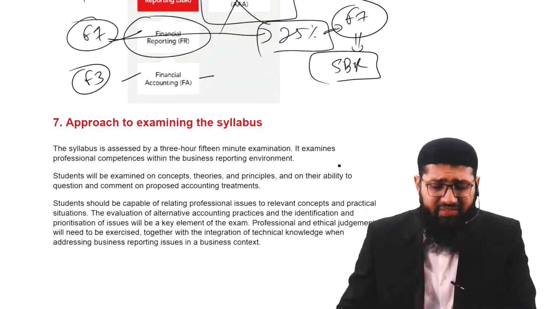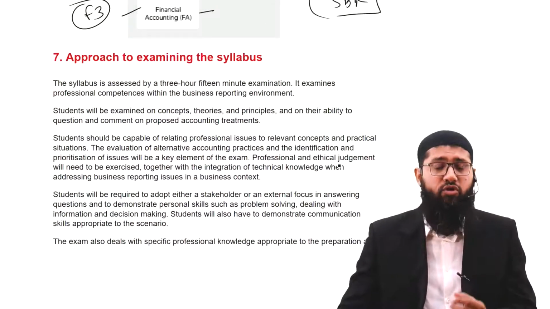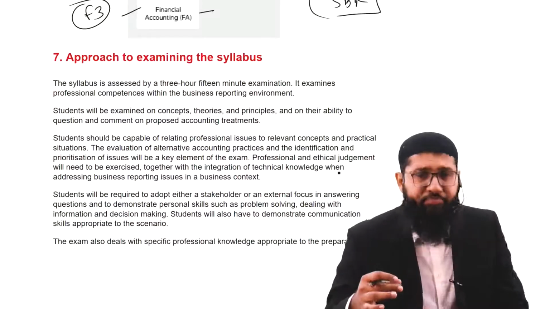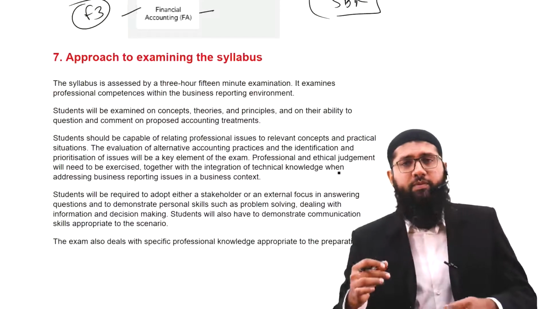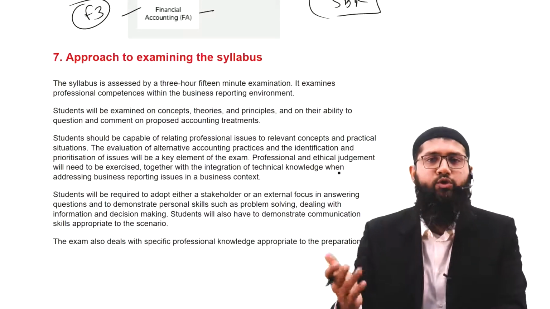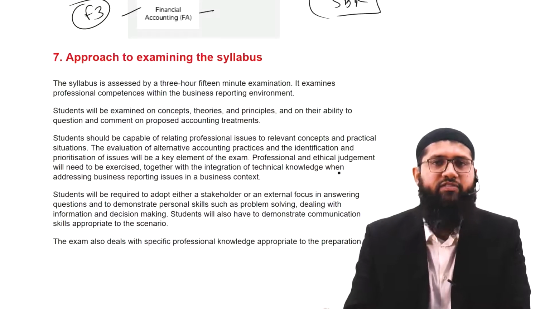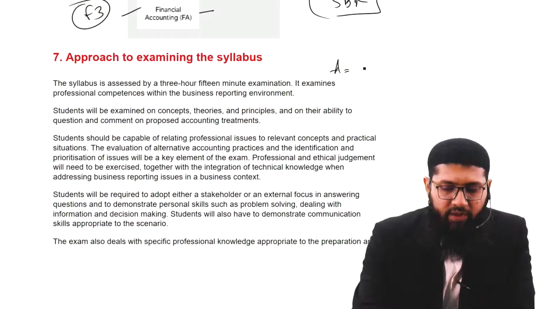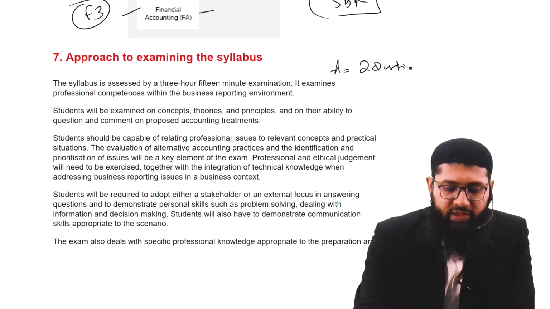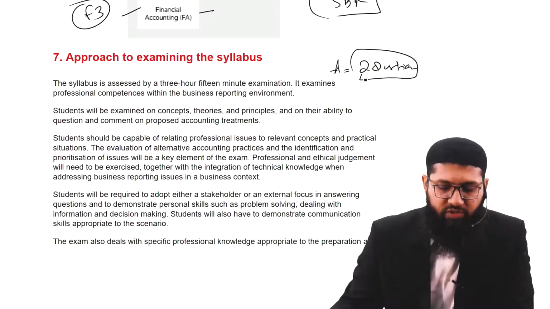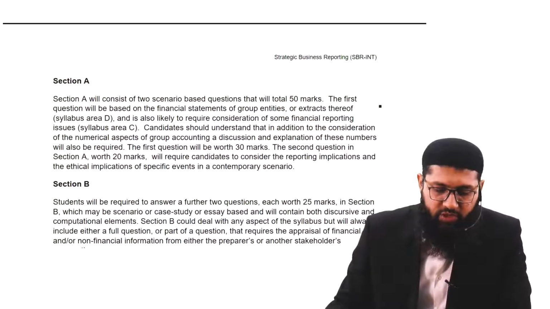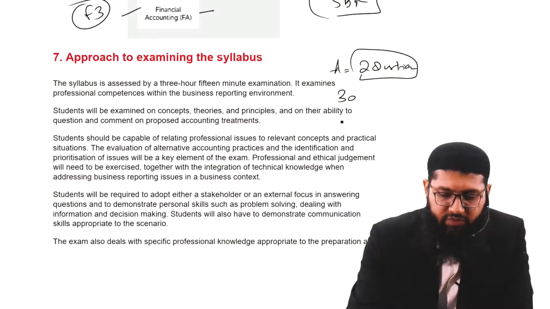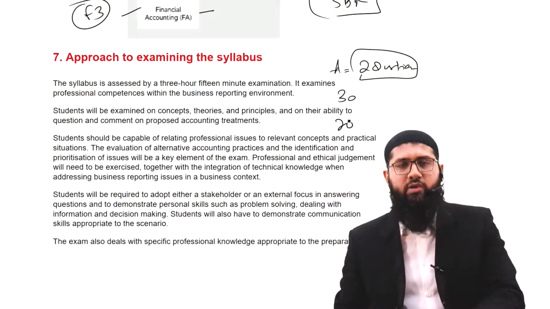Now, the next thing in the syllabus is the approach to examining the syllabus. The SBR paper is examined a bit differently to the other strategic professional examinations. When you come to section A, there are 2 questions, structured like this: one question of 30 marks and one question of 20 marks.